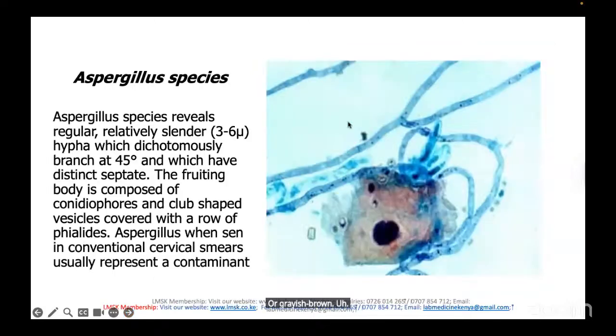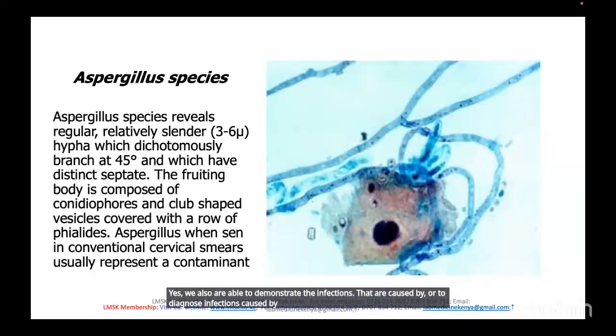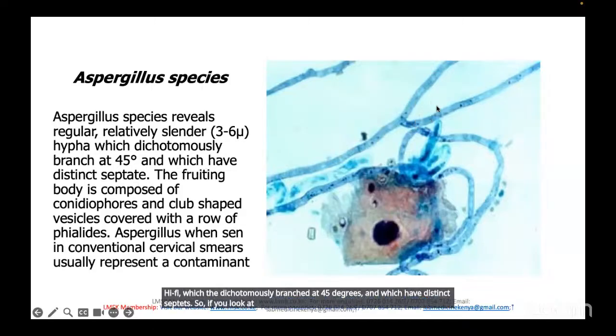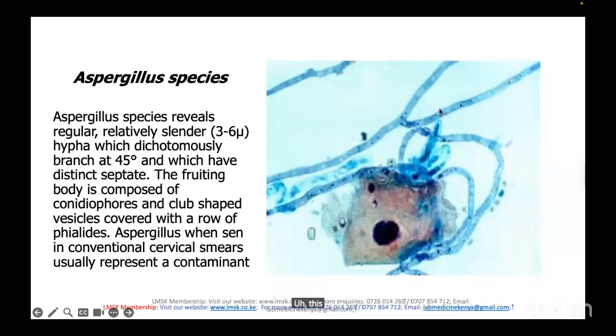What about aspergillosis? Yes, we are also able to diagnose infections caused by Aspergillus species. Aspergillus species reveals regular, relatively slender 3 to 6 micrometer hyphae, which dichotomously branch at 45 degrees and which have distinct septae. So if you look at the angulation here, this is what we are calling 45 degrees.